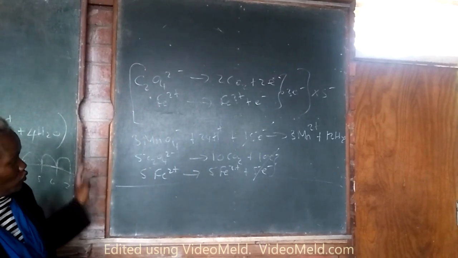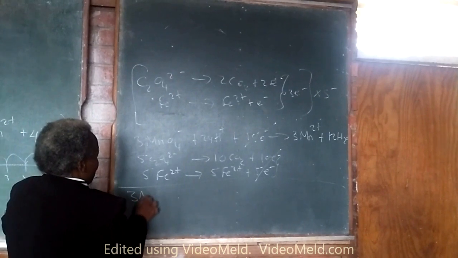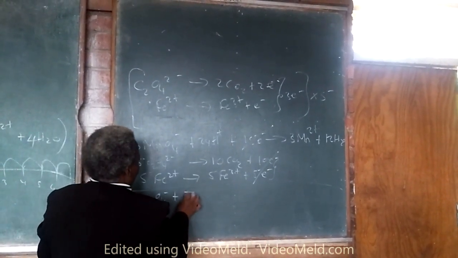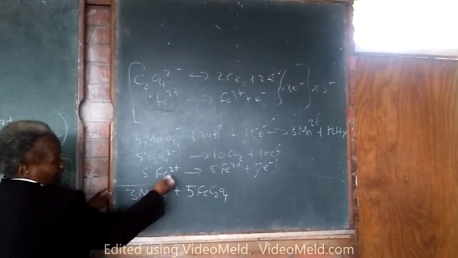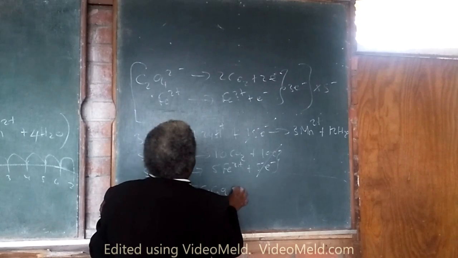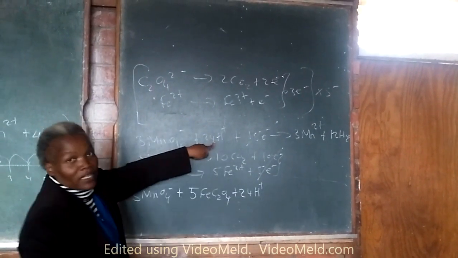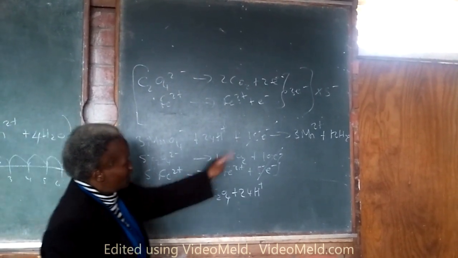So our reactants are 3 MnO4- plus 5 FeC2O4, I can write it like this, and this plus 24 H+. It's another reactant. Is there another reactant? There is no other reactant.